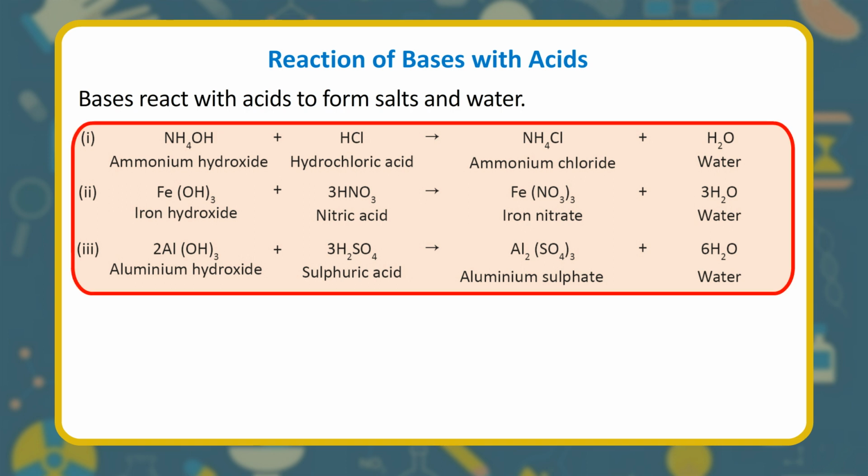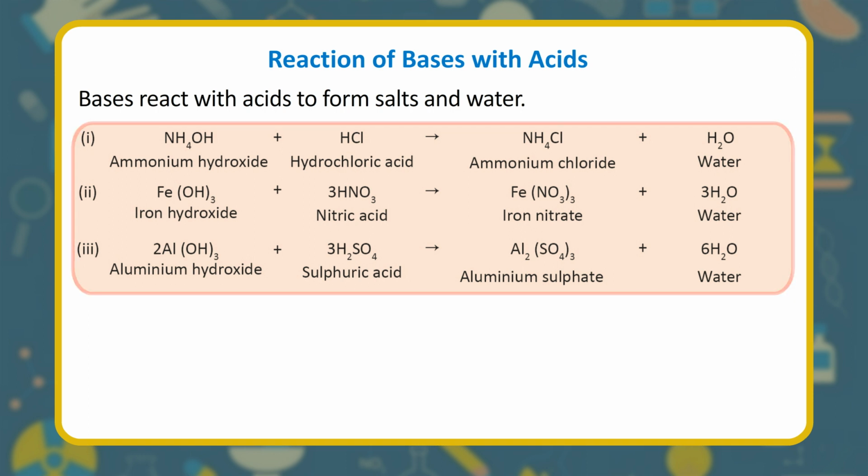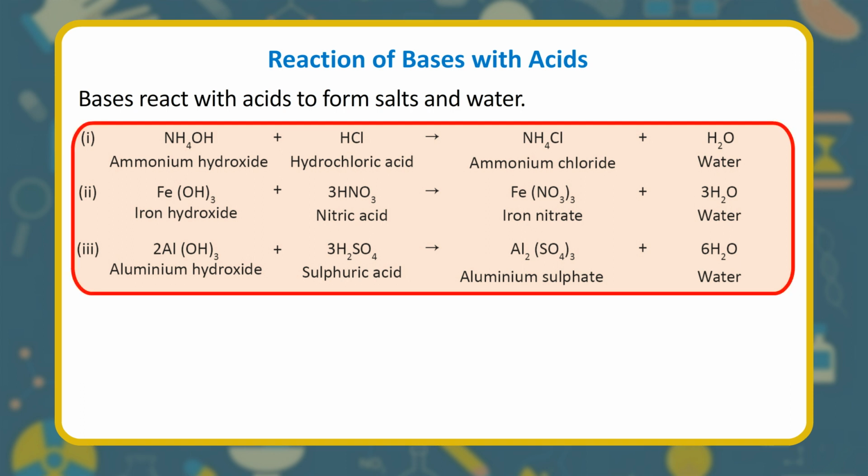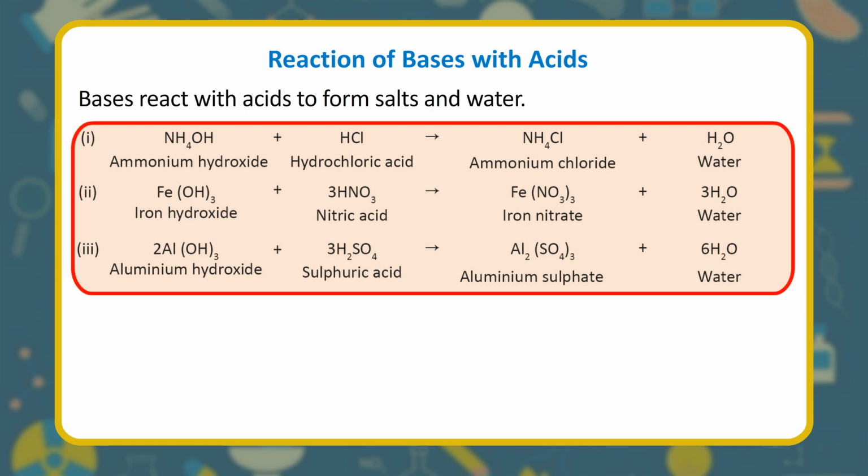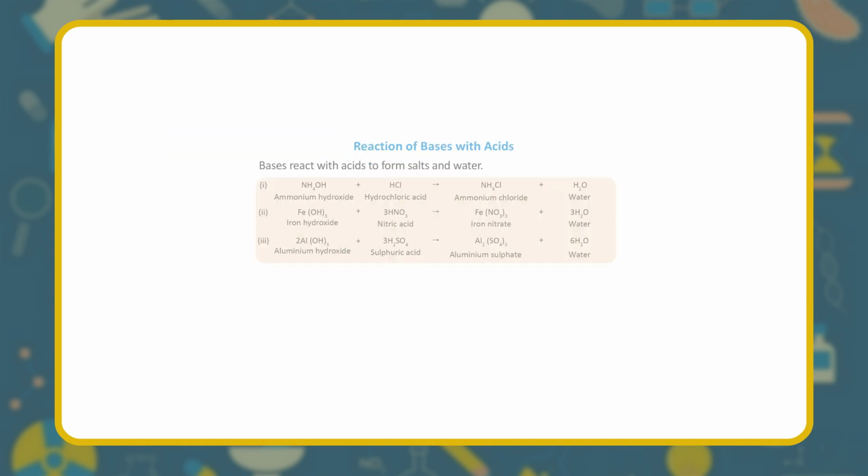Fe(OH)3, iron hydroxide, plus 3HNO3, nitric acid, gives Fe(NO3)3, iron nitrate, plus 3H2O, water. 2Al(OH)3, aluminium hydroxide, plus 3H2SO4, sulfuric acid, gives Al2(SO4)3, aluminium sulfate, plus 6H2O, water.